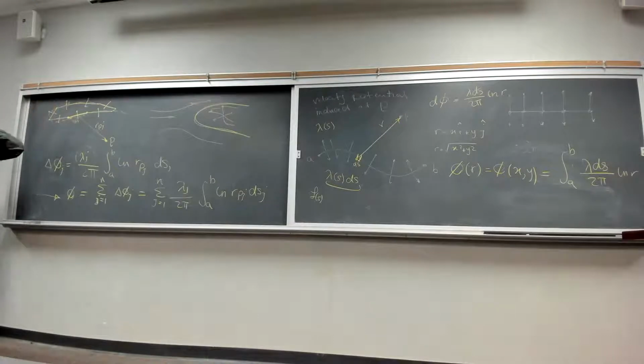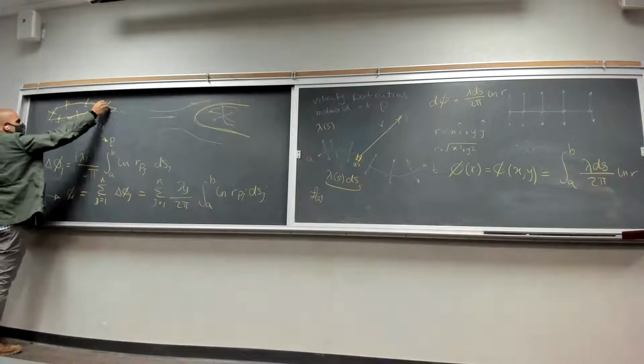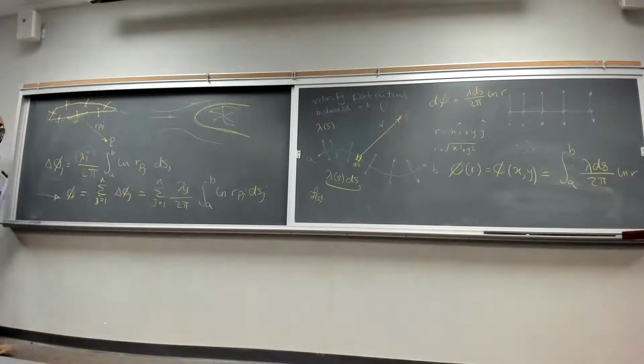How much velocity potential is induced by, for example, these other panels on this one. So we want to move the point P onto the panels themselves. And all of these panels are represented by a control point that is in the middle of them. Does this make sense? Yes.